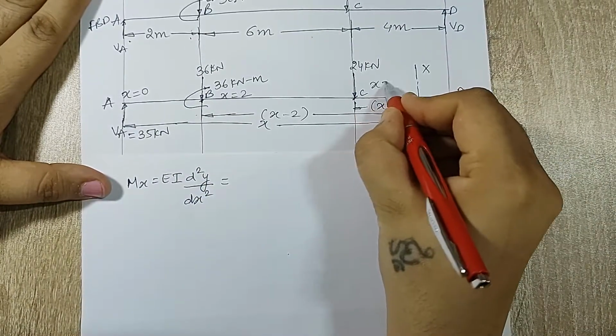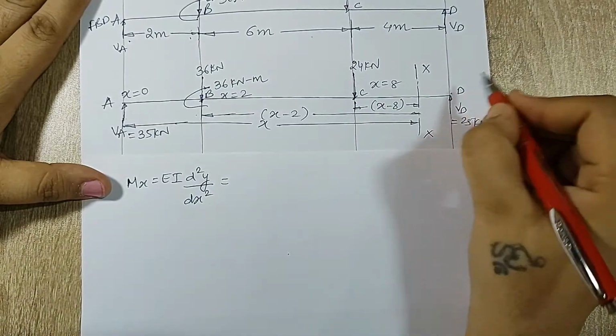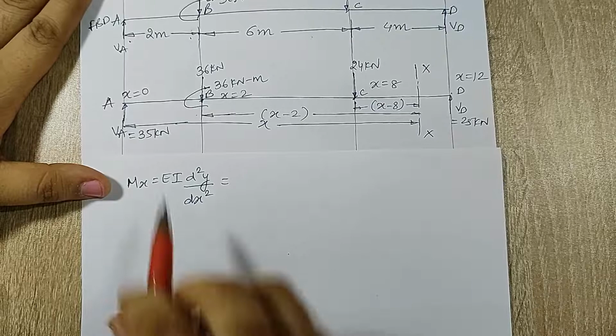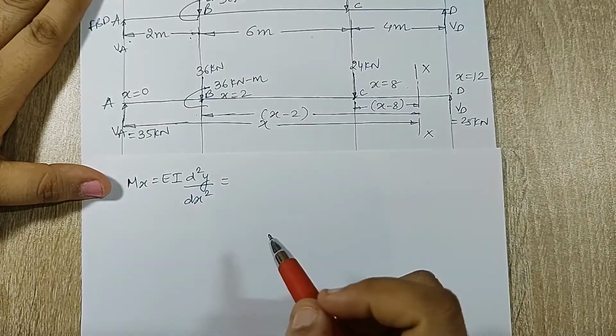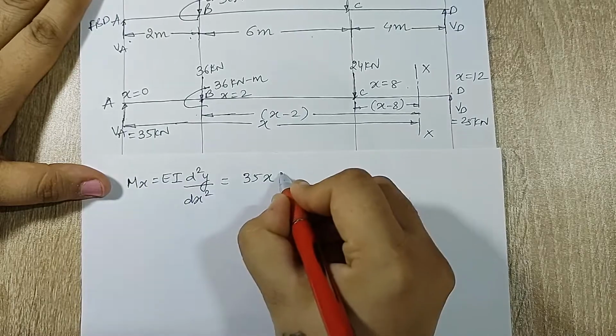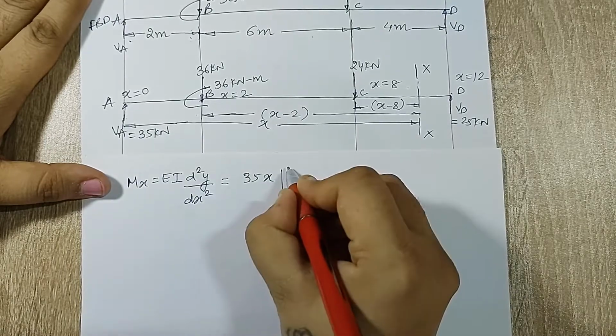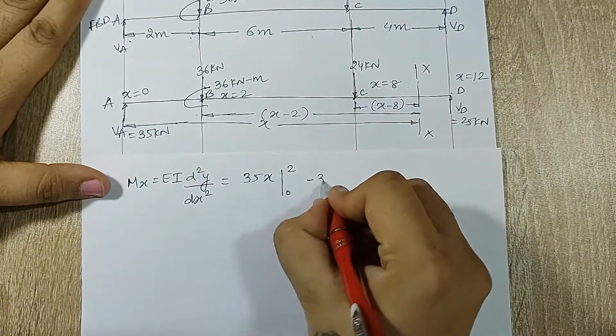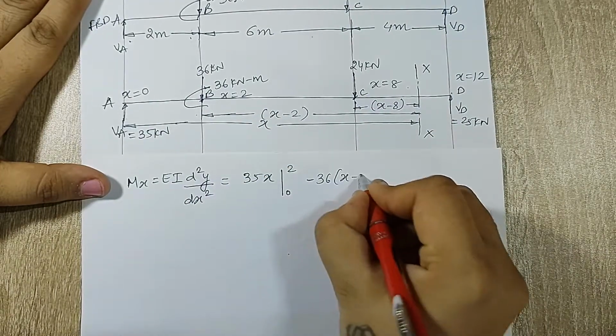For C my x value is 8. And for D the value of x is 12. So I'll start with VA turning clockwise about the section. So I have 35 into x, which is going from 0 to 2. Next I'll have this 36 going anti-clockwise, so minus 36 into x minus 2.